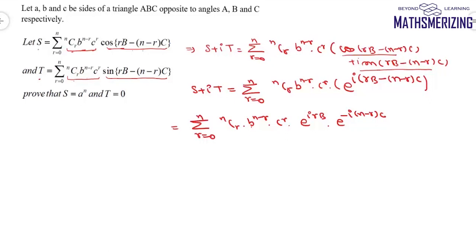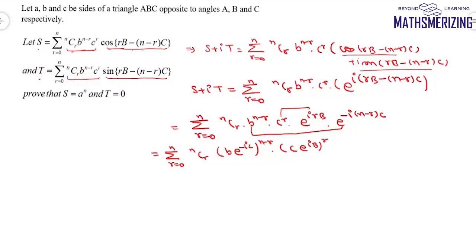So I'll take these terms having this power n minus r together and I'll have these terms together. So I can actually write it as summation r varies from 0 to n, nCr, b into e to the power minus iota C, to the power n minus r, and then c into e to the power iota B, to the power r.